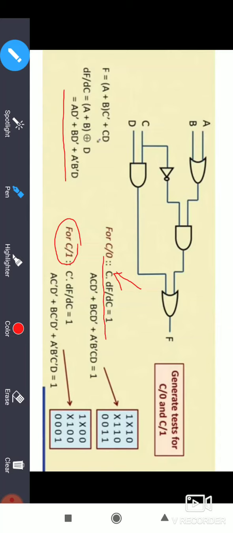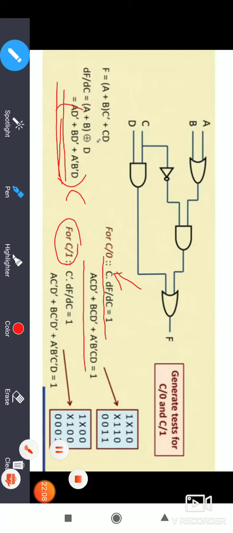If we multiply df by dc with C, we get AC d bar plus BC d bar plus A bar B bar CD equal to 1.